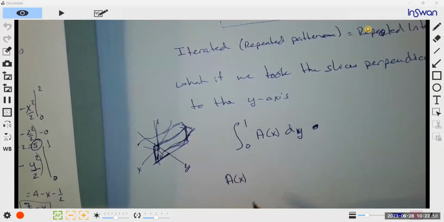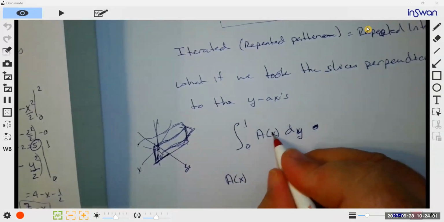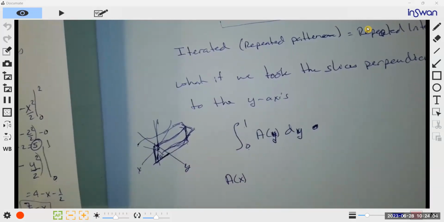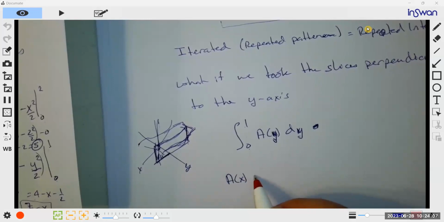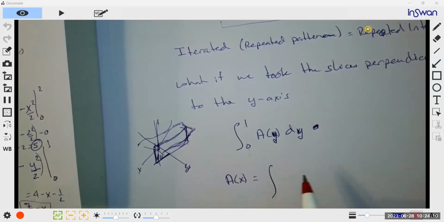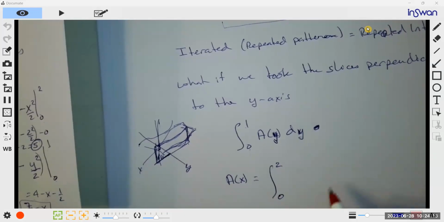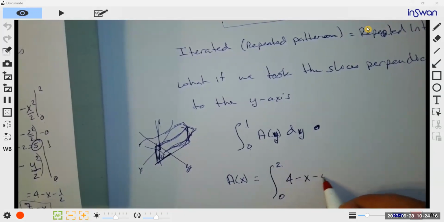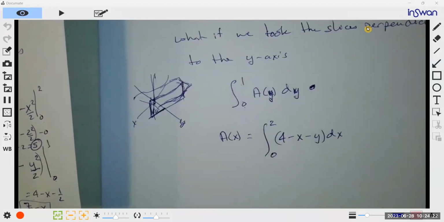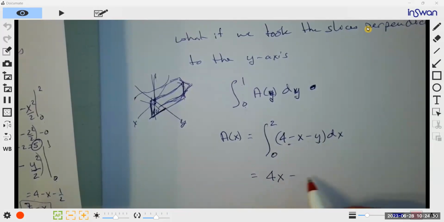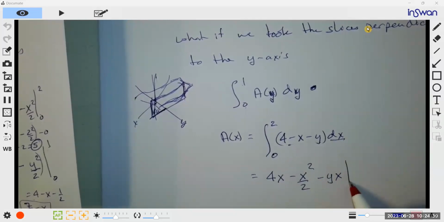So we have to redefine what the area is, this is with y. The area is from 0 to 2 of 4 minus x minus y. Now we're going to take it with respect to x. So we first integrate 4 minus x minus y. We get 4x minus x squared over 2 minus yx, because we're taking it with respect to x.